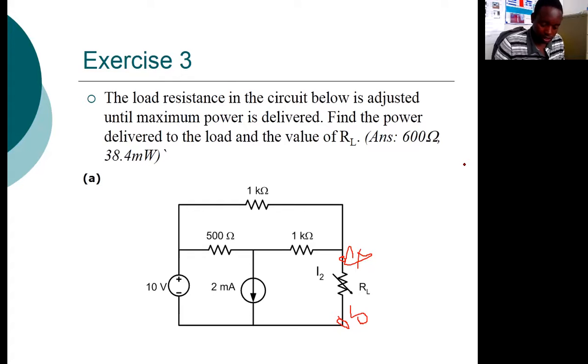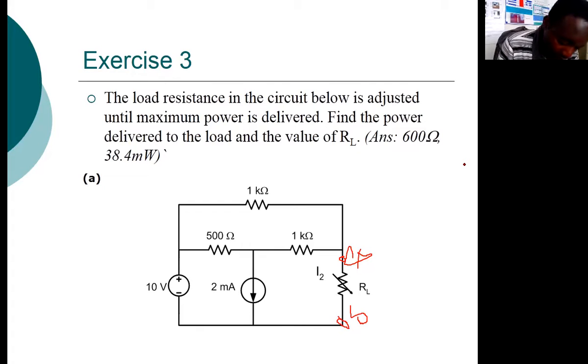And that point is our A. So the voltage across A and B is just the voltage across those 2 points.